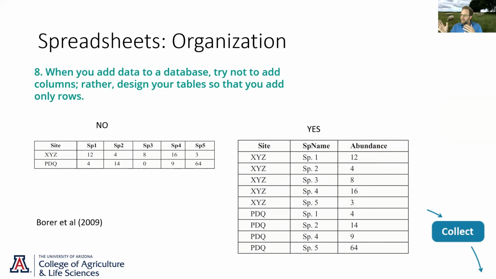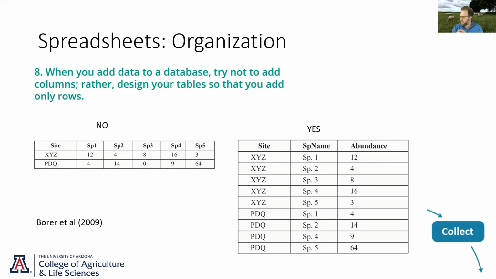So this rule that I mentioned earlier was that when you add data to a database, you try not to add columns, rather you design your table so that you would add only rows. So this is one way of seeing this transformation. A statistician may want to see this format that says no over here. They may want to throw this into an analysis, and it might be useful in some cases.